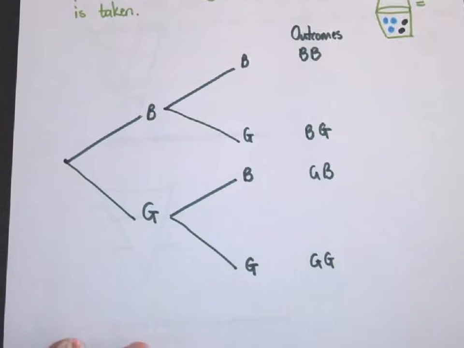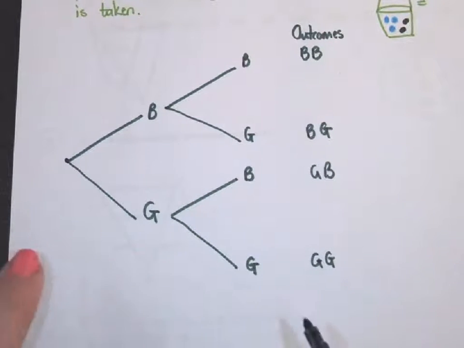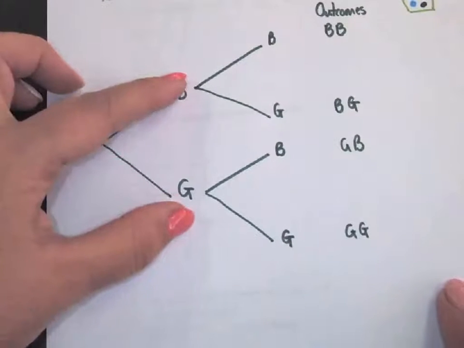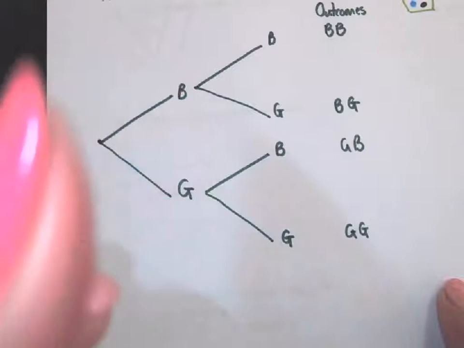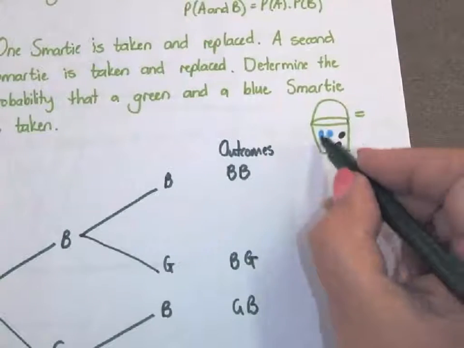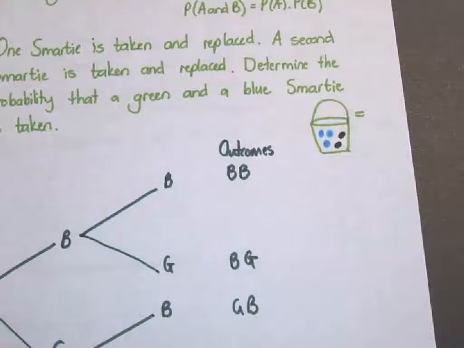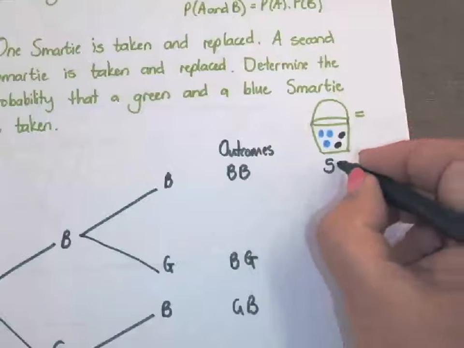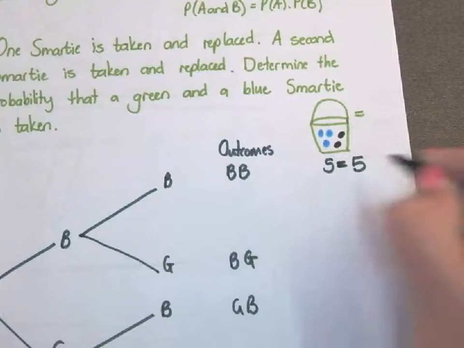For the probabilities on the branches, let's first count how many Smarties there are in total. 5. So the Smartie sample size is 5.